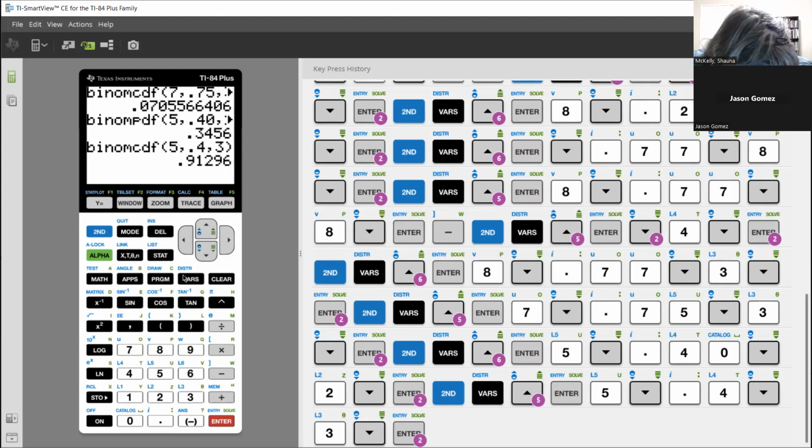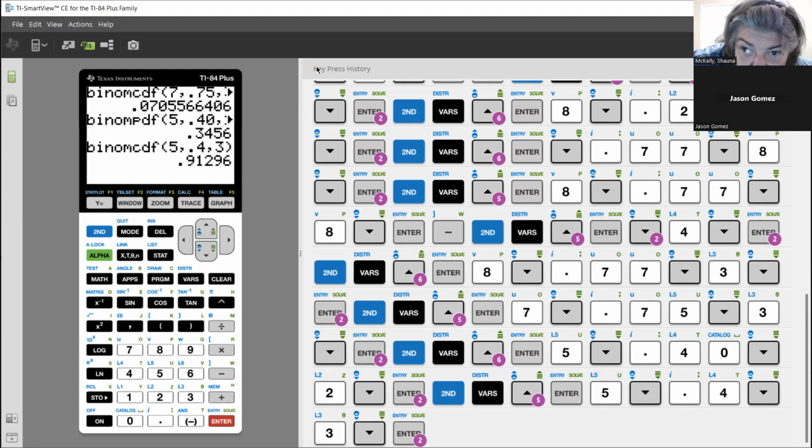On the answer key, it says 0.912. Oh, okay. Wait, hold on. No, you're right. I was looking at the wrong one. Okay. All right, so that's that one.